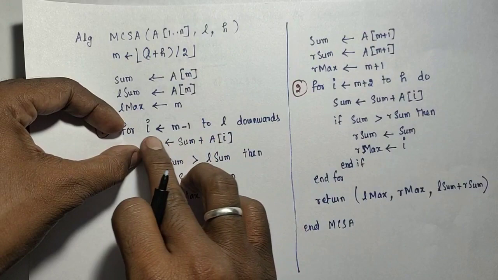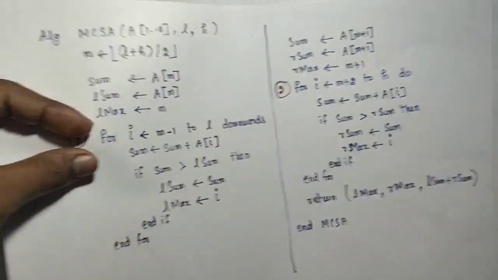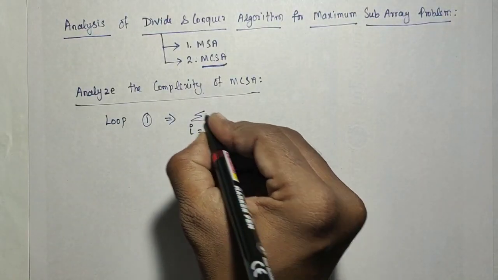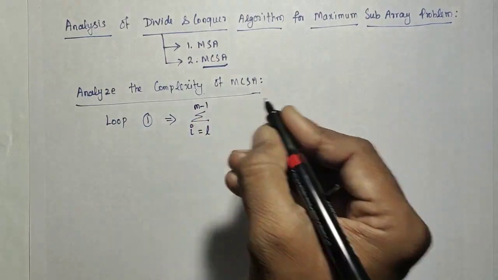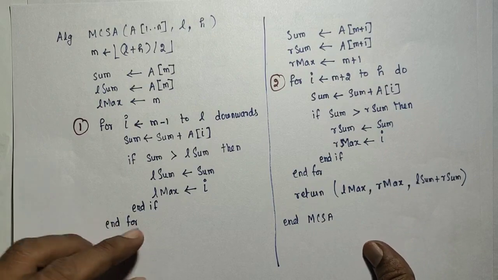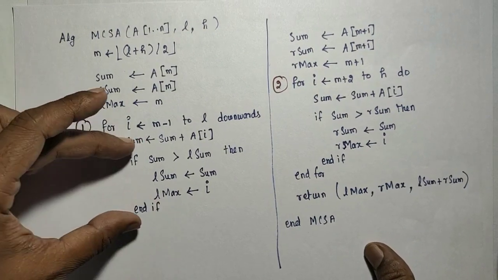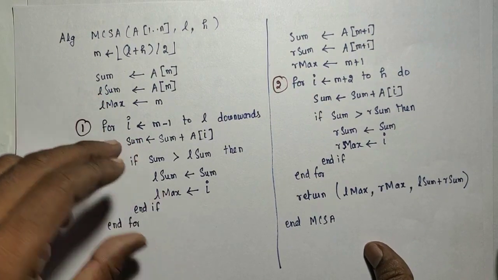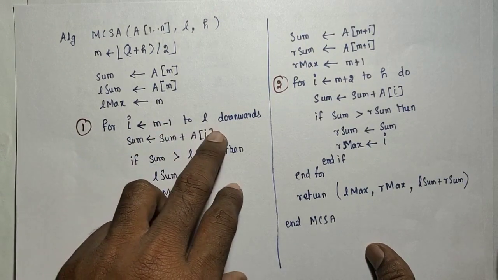So you have to write i equal to L to m minus 1. This entire statement we can keep as 1. Anyhow, this execution is going to happen from m minus 1 to L.